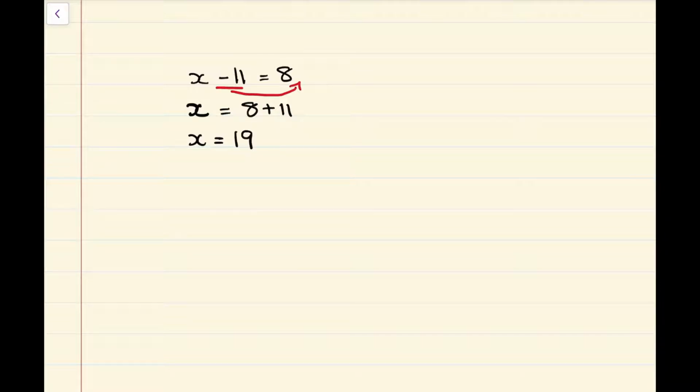The next question we have is c minus 5 is equal to 16. The same thing is happening with this equation. We have 5 being subtracted from c. Once we take the 5 over the equal sign, we have to add, which is the opposite of subtraction.